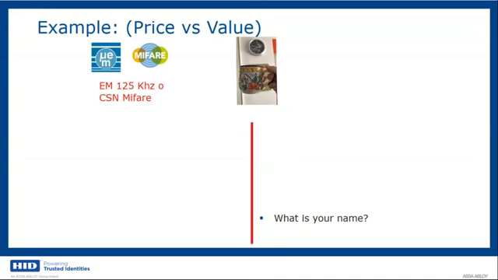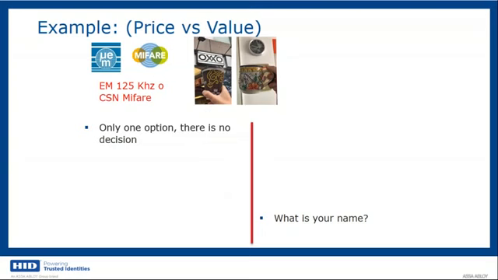Here is one example that will be really simple. When you're using old technology, or technology that is not really secure, we will only have one option. For example, if you're using prox, okay? If we take this to a more suitable example, if you go to OXXO, I expect that everyone knows what an OXXO is.